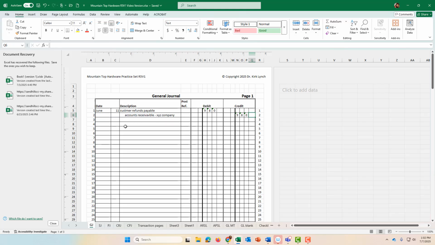This actual credit memo, when it's returned to us, takes 2 different journal entries. This was the first one. The second one is we're going to put this back into our inventory. So a debit to the merchandise inventory, we'll put it back in there.